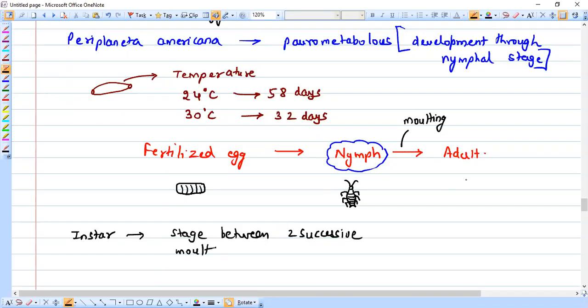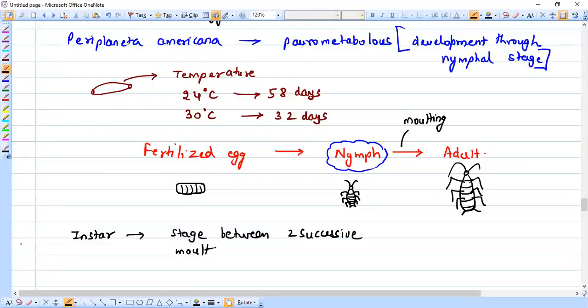And once the cockroach has developed, it will develop into an adult. So this is the adult cockroach with everything. This adult cockroach is sexually ready for reproduction.